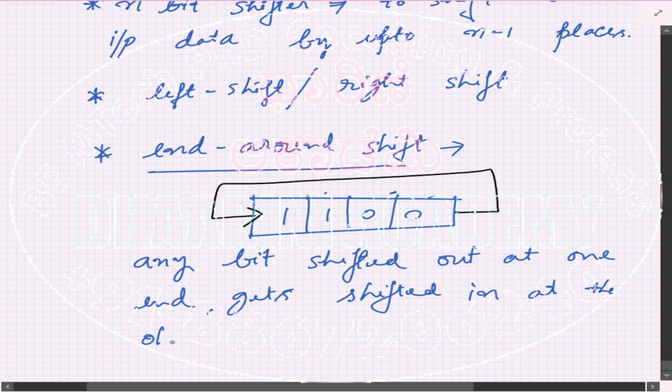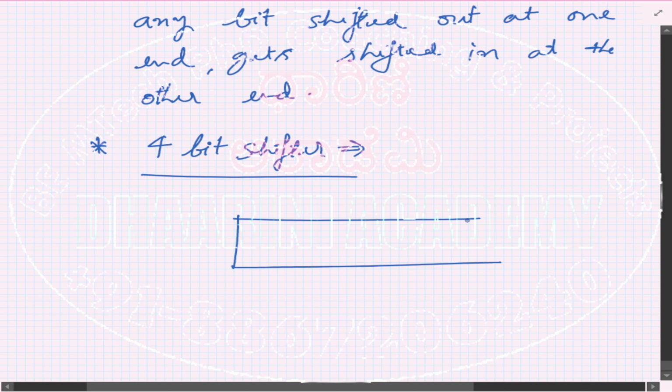Now let me say that I have the number 1101. This is the initial value that is stored in this. So in decimal, how much is this? What's the value of this number in decimal?